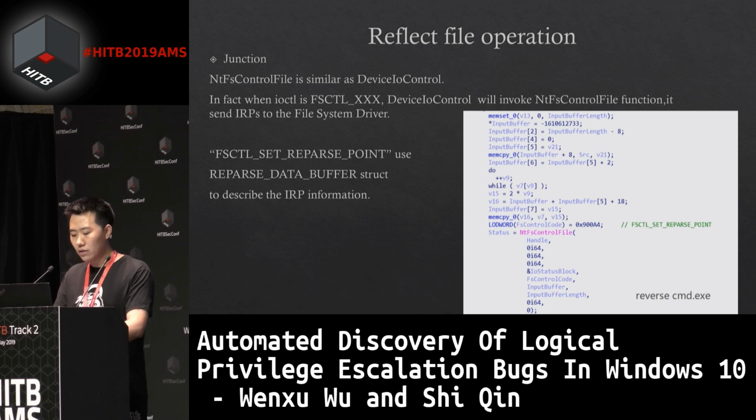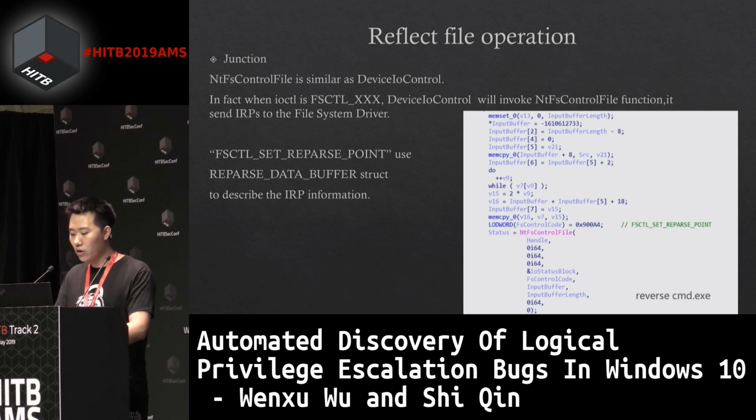The NtFsControlFile function is responsible for handling file system related requests. It receives the parameters from user mode, then creates the IRP packet and sends it to the file system driver.